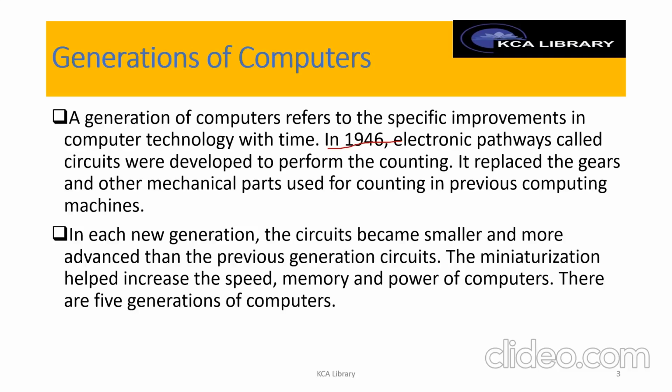In this new generation, the circuits became smaller and more advanced than the previous generation circuits, and this has helped to increase the speed, memory, and power of computers. Computer generation has 5 generations so far, which we are going to look at one by one.